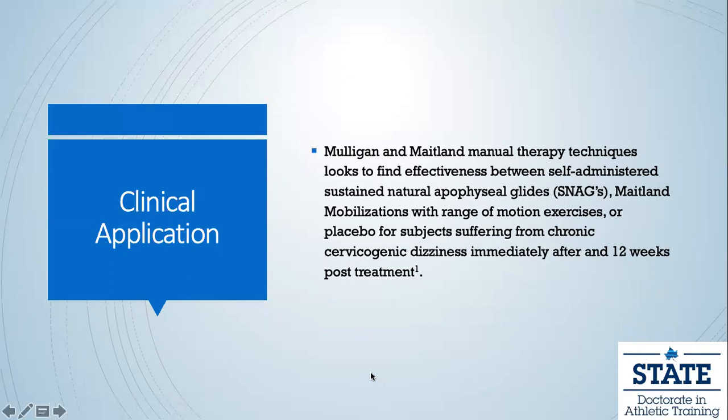Using both Mulligan and Maitland manual therapy techniques, we're looking to find the effectiveness between self-administered SNAGs, Maitland mobilizations with range of motion exercises, or a placebo effect for subjects suffering from chronic cervicogenic dizziness immediately after and 12 weeks post-treatment.